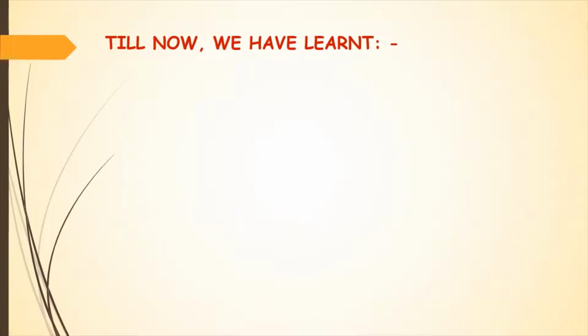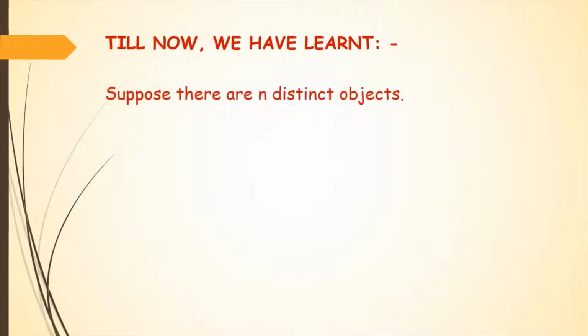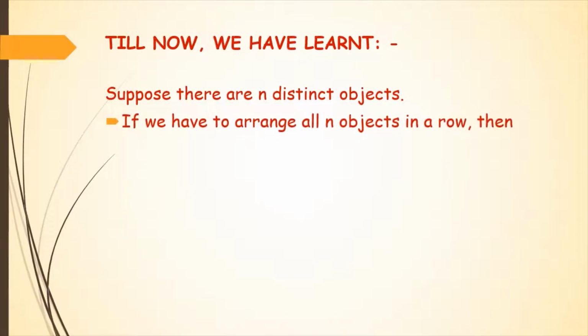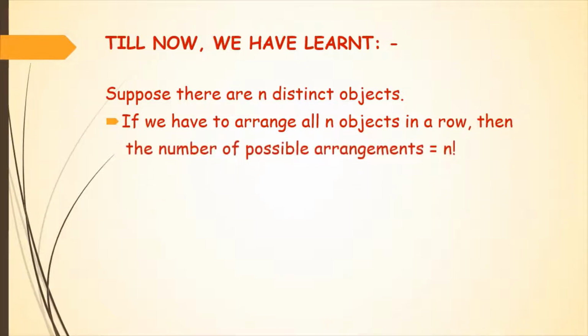Quickly, we will go through the things we have learnt in the last two episodes. Suppose there are n distinct objects. If we have to arrange all n objects in a row, then the number of possible arrangements is equal to n factorial.